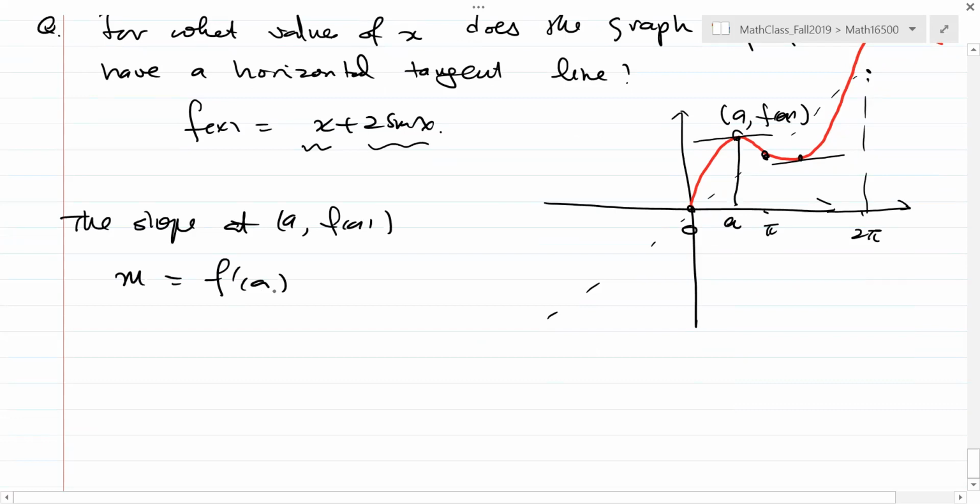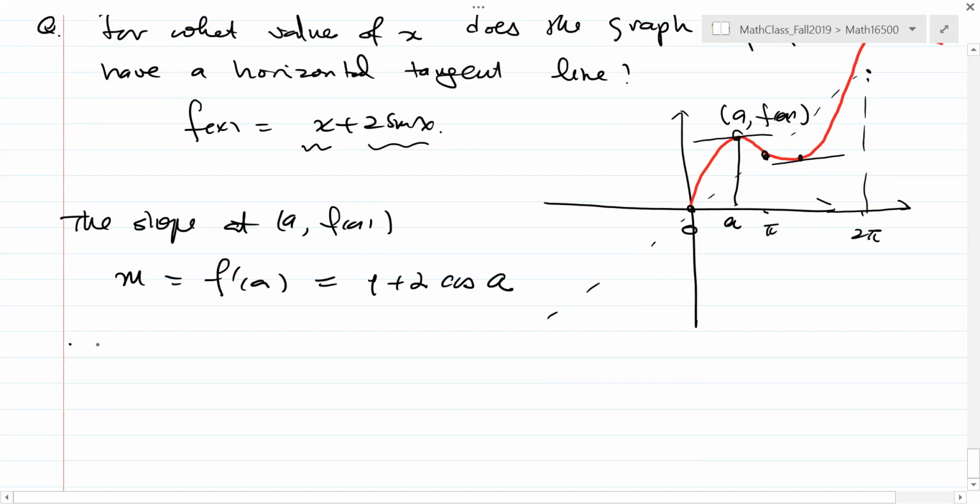You have to write this down clearly so we know what's going on here. Then you find the derivative. It's so easy, right? Its derivative is going to be just 1 plus 2 cosine A. You differentiate with respect to x. Okay, so this is a slope.